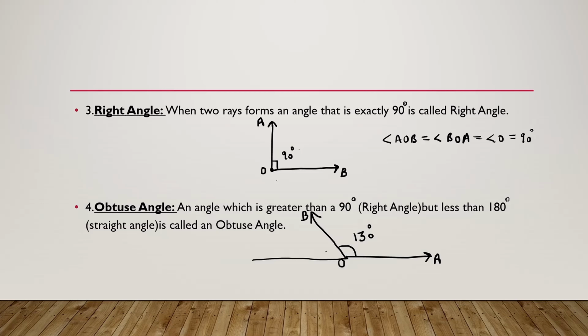This whole angle is 180 degree, so a straight line is 180 degree. So the angle which is greater than 90 degree but less than 180 degree is called an obtuse angle. So angle AOB equal to 130 degree, that is an obtuse angle, or we can say angle BOA is equal to 130 degree, that is an obtuse angle.